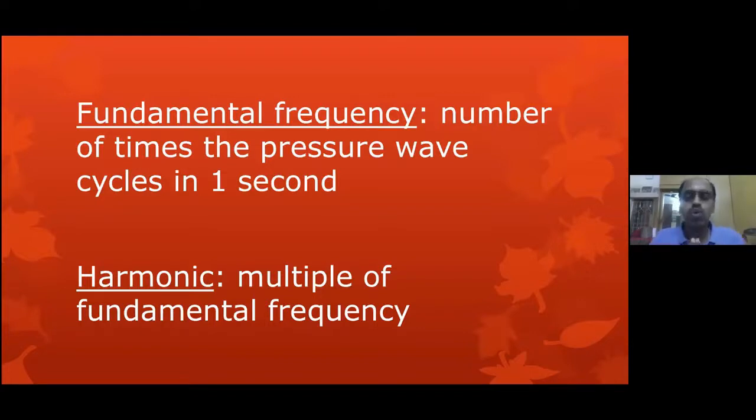So for a hypothetical 1 Hertz sine wave, the second harmonic is 2 Hertz, the third harmonic is 3 Hertz, the 10th harmonic is 10 Hertz. Now, if you are able to capture up to 10 Hertz, the finer high frequency deflections also can be detected. So what are the high frequency deflections?